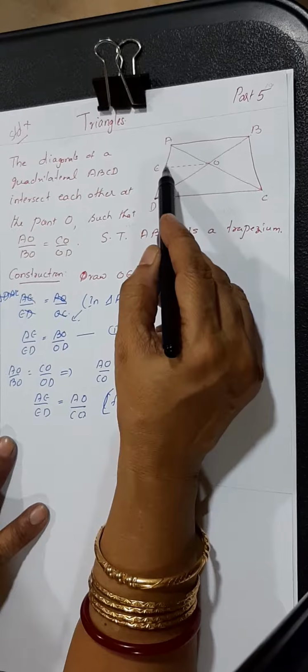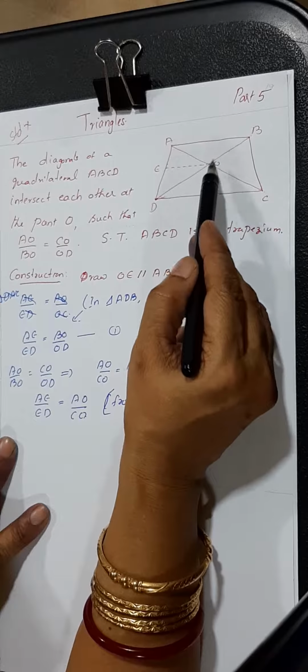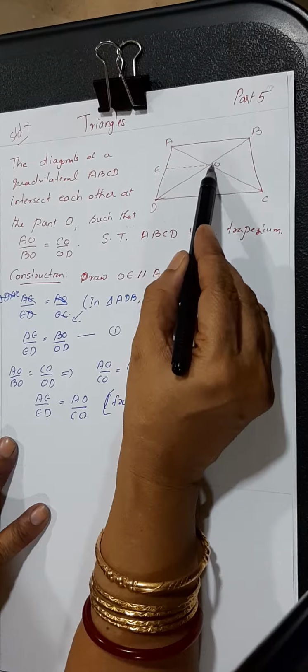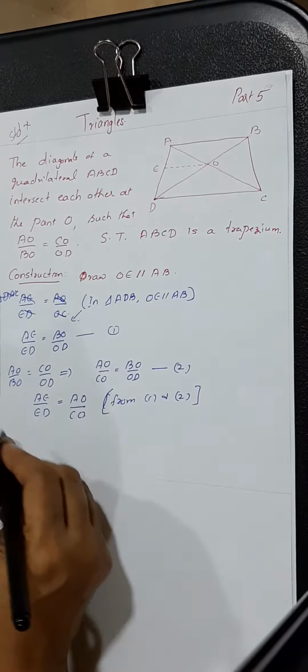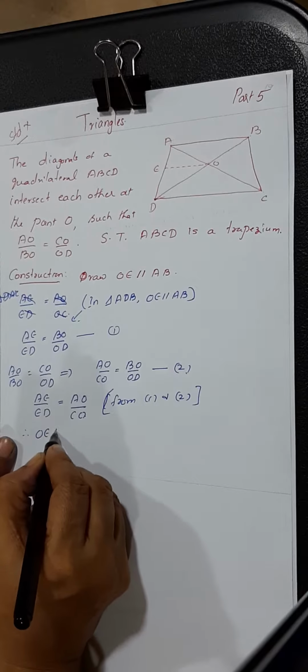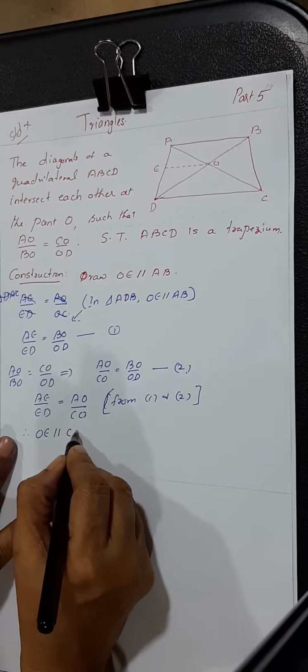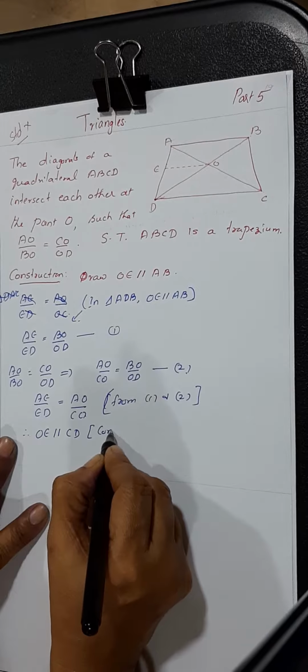Now if AE by ED is equal to AO by OC, therefore OE is parallel to CD, by the converse of BPT.